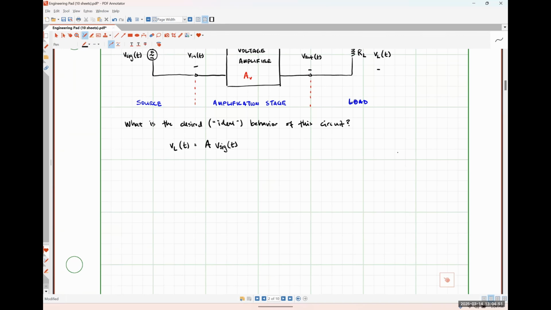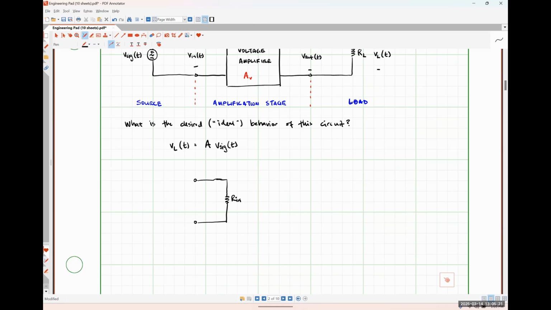So if I were to redraw things, when I look in through my input terminals, I'm going to see what's commonly known as the input resistance of the amplifier, right?